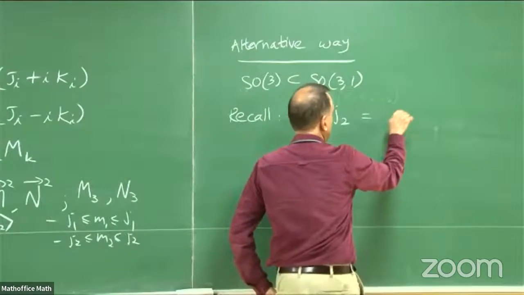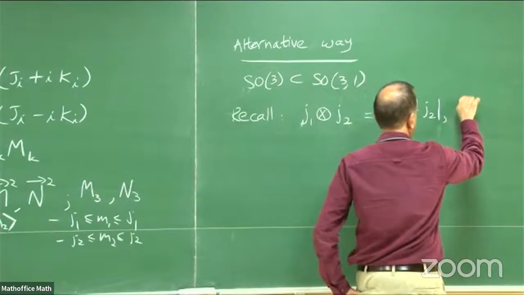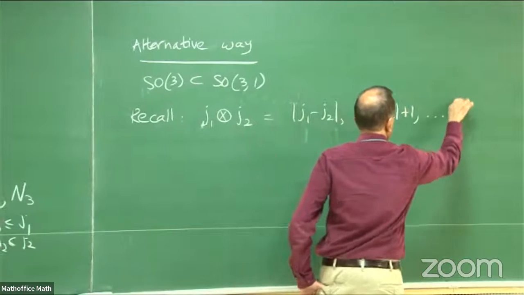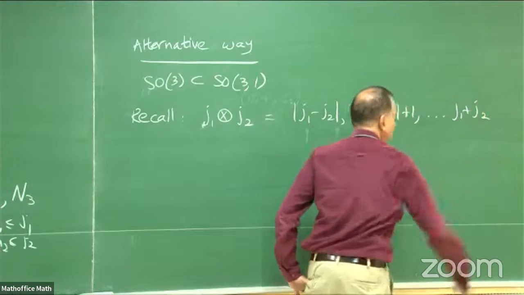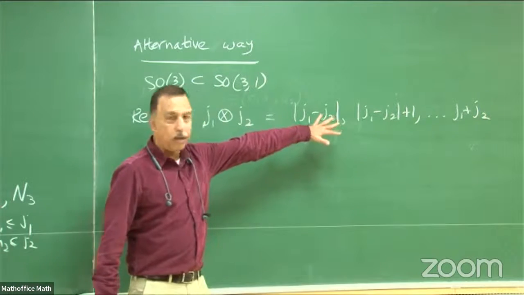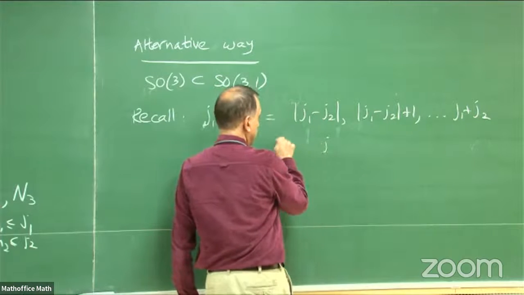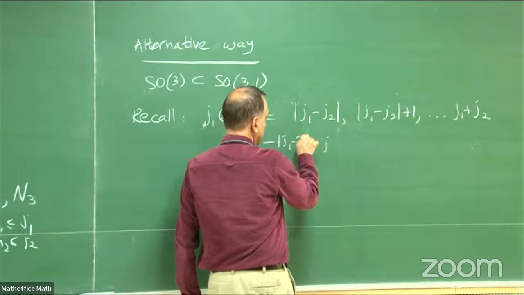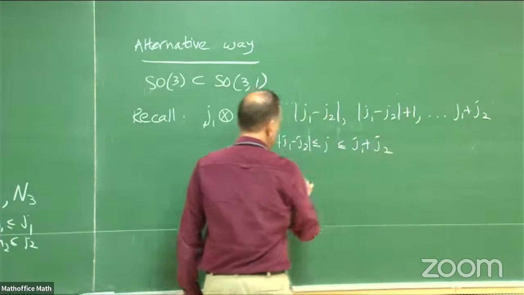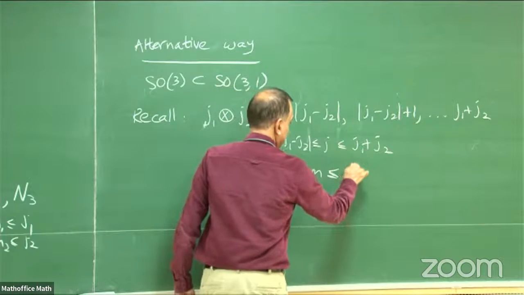And if you remember, it's a reducible representation, and it gives me a lot of values of J, from J1 minus J2 going up to a maximum of J1 plus J2. Okay. And among all of these, if I focus on one irreducible representation, then there'll be a J which is bounded by these. And there'll also be an M which is between minus J and plus J.